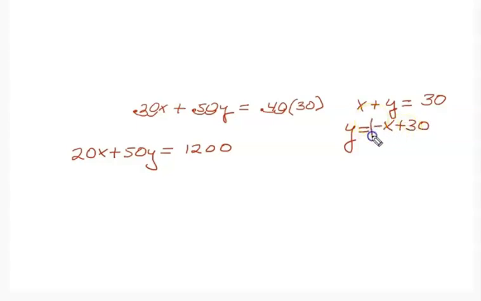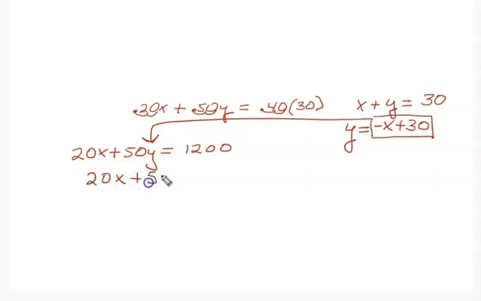So now that I have a value for y, I'm going to take this value and put it where the y is in the other equation. And hopefully you're following along with what we're doing. So this now becomes 20x plus 50 times our value for the y, a negative x plus 30, equals 1200.